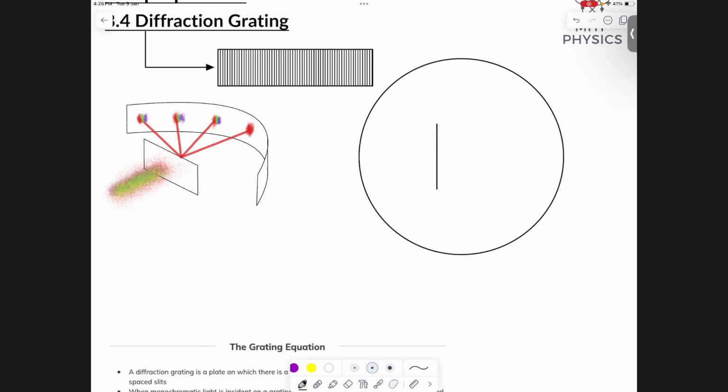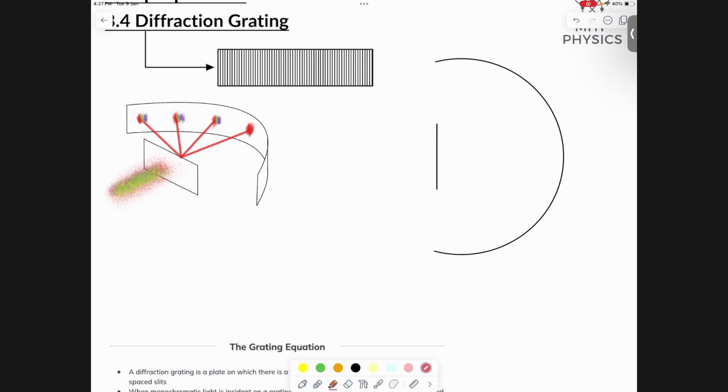And the reason behind that is the bright spots গুলো can go to a maximum angle of 90 degrees. মানে এই যে লাইট যে স্প্রেড হচ্ছে না, এই লাইট গুলো অলমোস্ট সাইডে চলে যেতে পারে। Do you understand what I'm trying to say? So if the light can go to the side, don't I need a screen that covers everything? So what kind of a screen would be appropriate here? A curved screen, right?